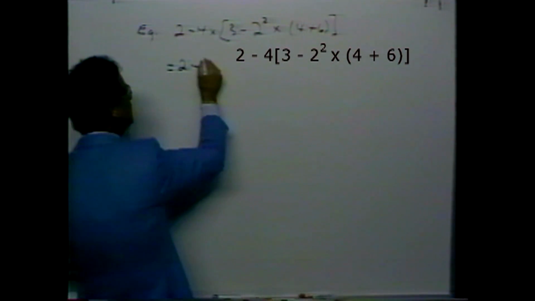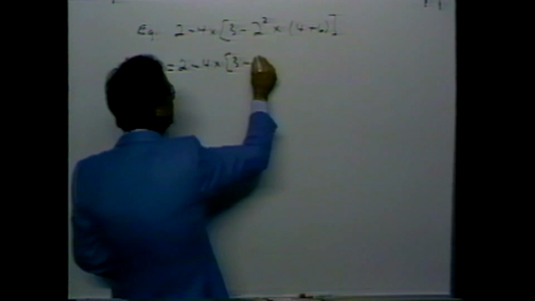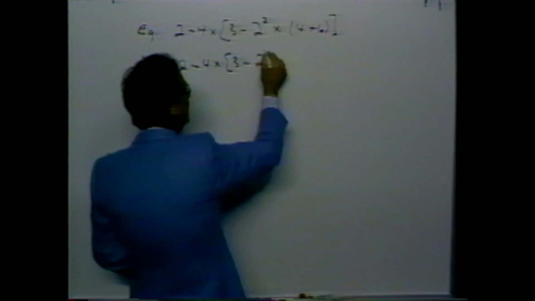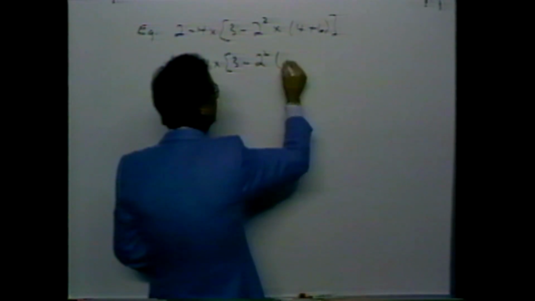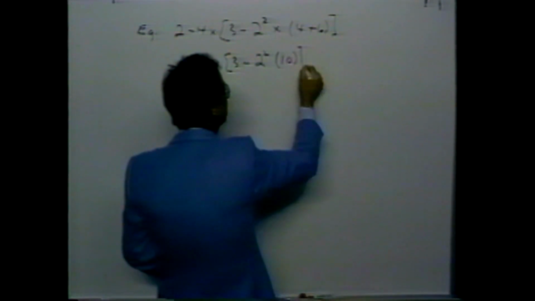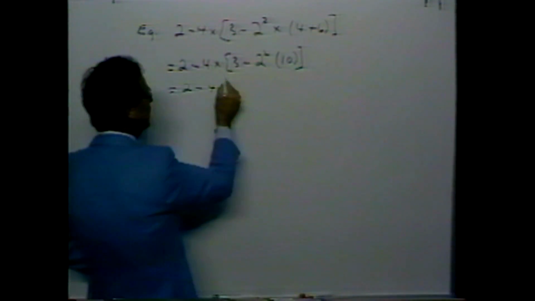All other parts, symbols, and so on are recopied as they were given. So multiplication here of 10 is what we want. Subtract. We end up with something like this then.